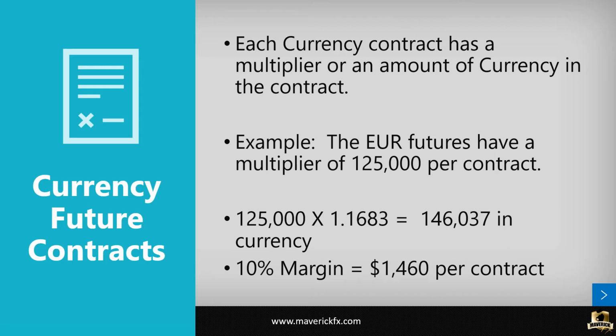So every contract has what we call a multiplier, and that's how much it controls of that asset. So for example, the Euro futures have a multiplier of 125,000, meaning it's 125,000 US of that. So then you have to times it by the rate of the Euro futures, which in this example is $1.1683. So you times that, and this position size is really 146,000 US dollars. That is the position size of this trade.